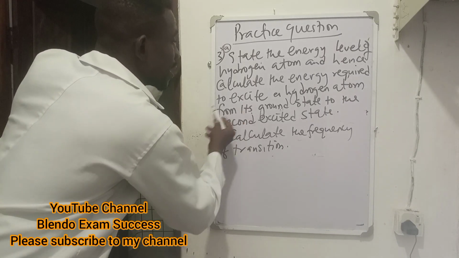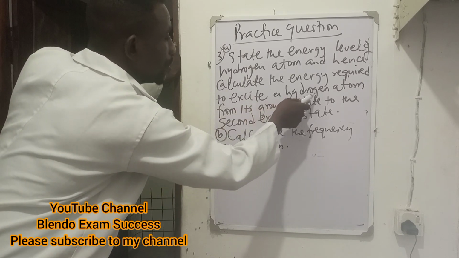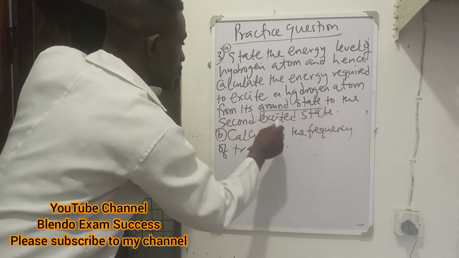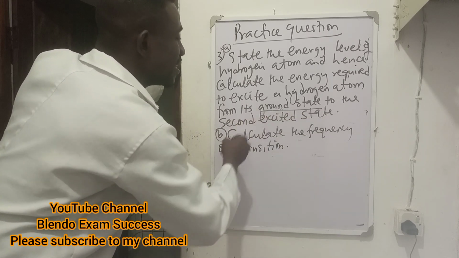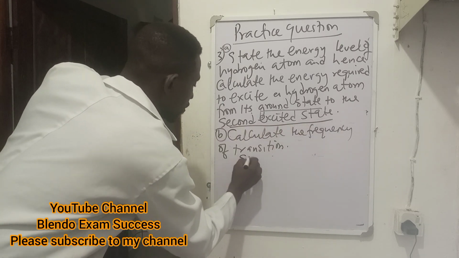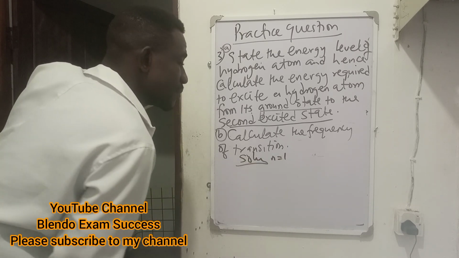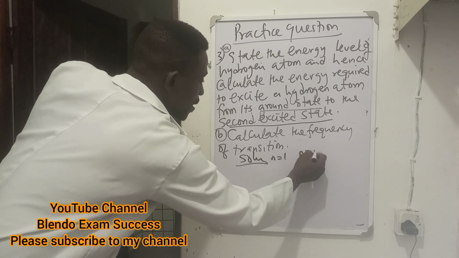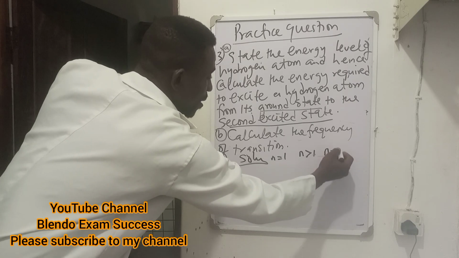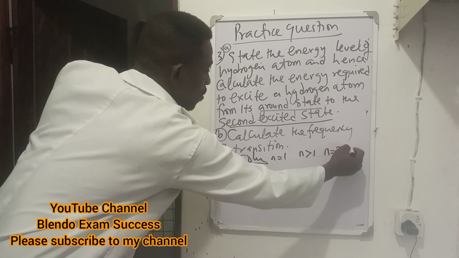Calculate the energy required to excite a hydrogen atom from its ground state to the second excited state. When n is equal to 1 is the ground state. When n is greater than 1, excited state. Second excited state is when n is equal to 3. First excited state is when n is equal to 2.